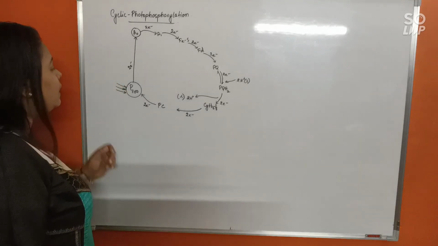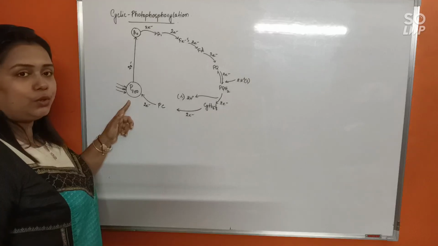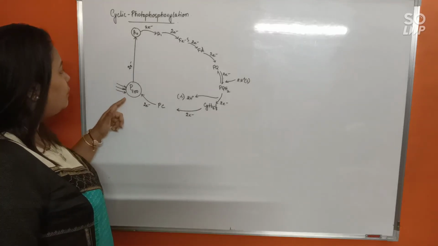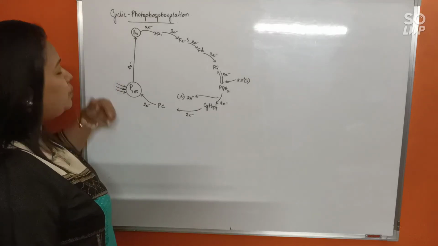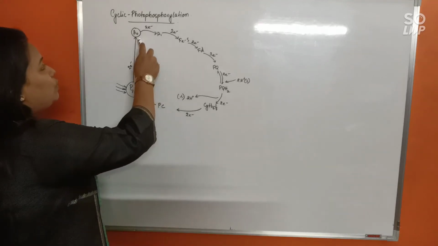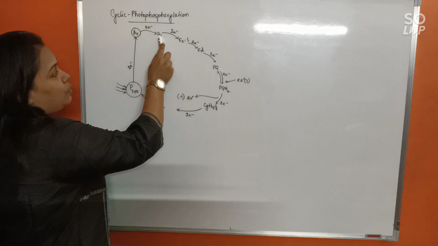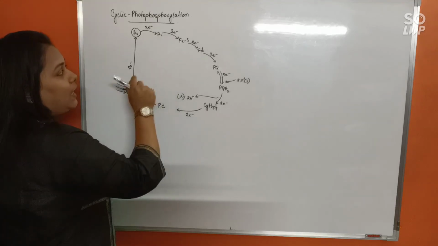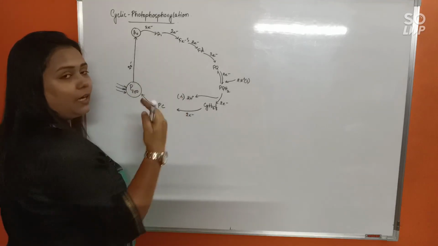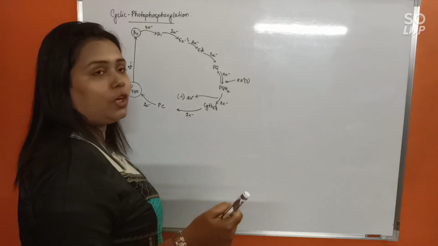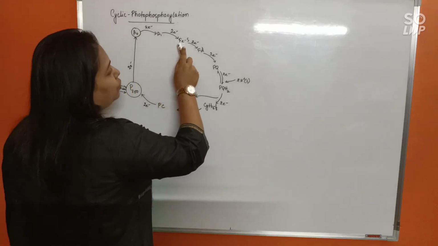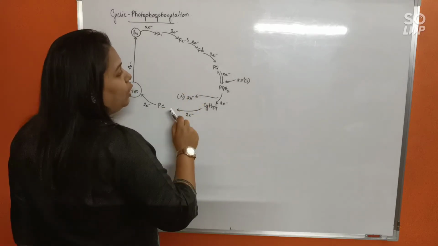As you can see here, as sunlight falls onto PS1, it will get excited and liberate 2 electrons, which will as usual be transferred to the special chlorophyll molecule, then to A1, and finally, as you have seen in the non-cyclic photophosphorylation, it will be passed on to iron sulfur protein, ferredoxin.